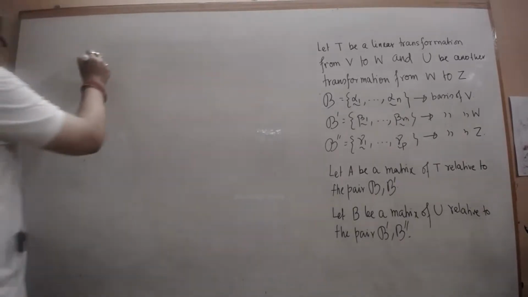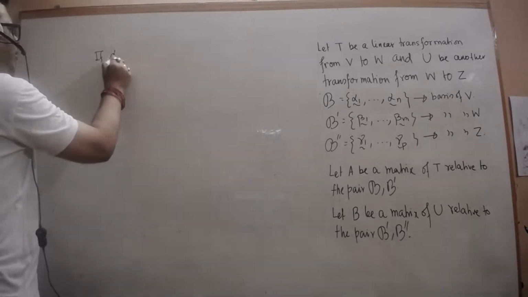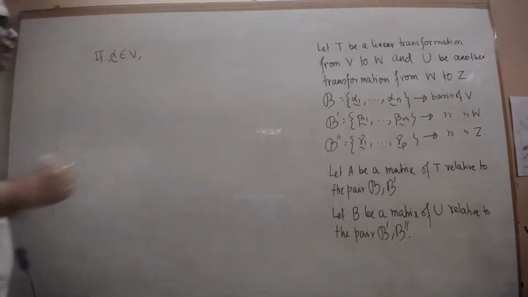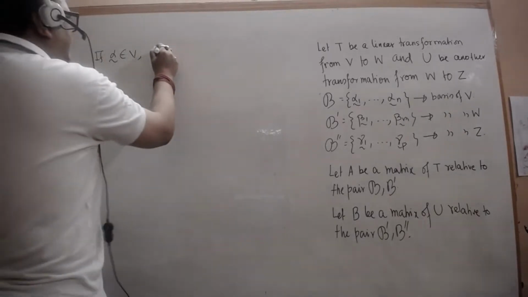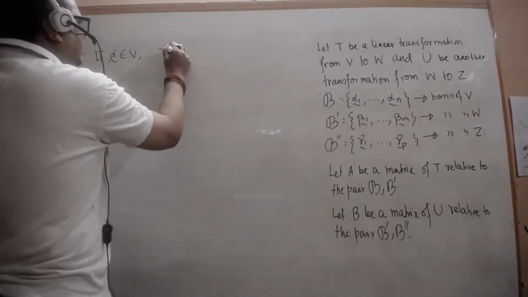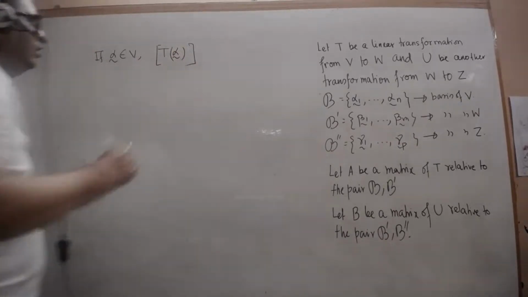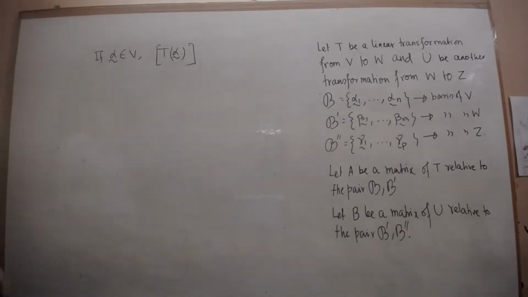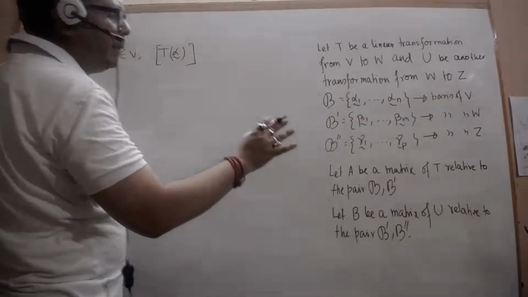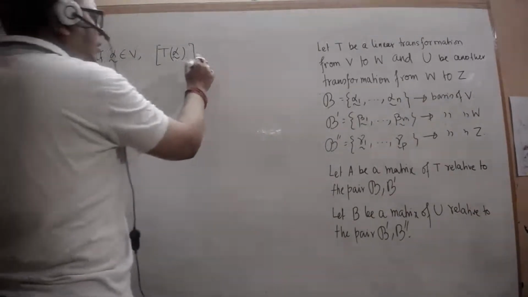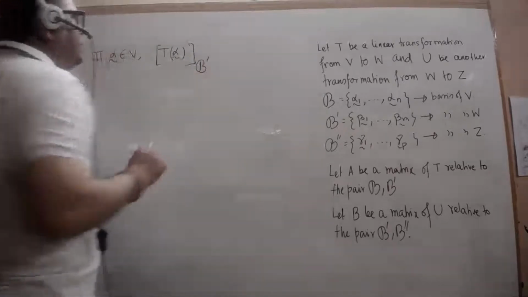Therefore, if alpha_j belongs to V, T alpha_j belongs to W, so it can be represented as a linear combination of the basis. Forget about this notation. Say you compose U with T, applied to alpha_j, where alpha_j belongs to V. Now I take the transformation T of alpha_j.